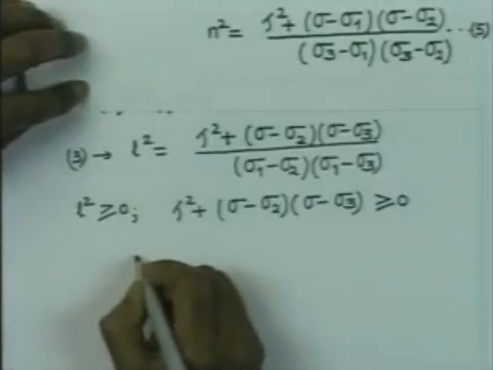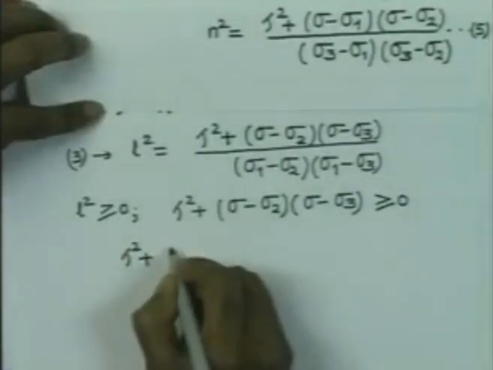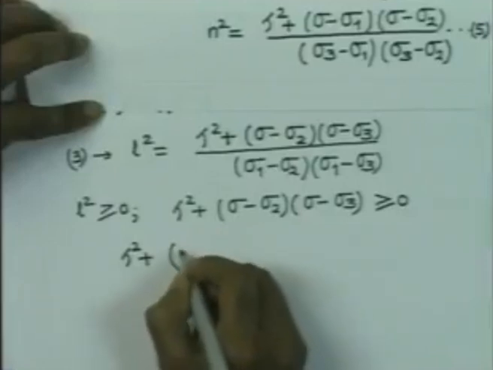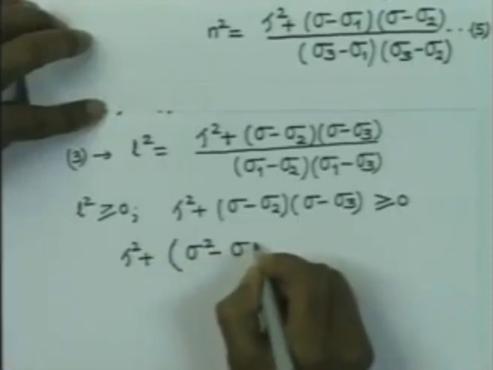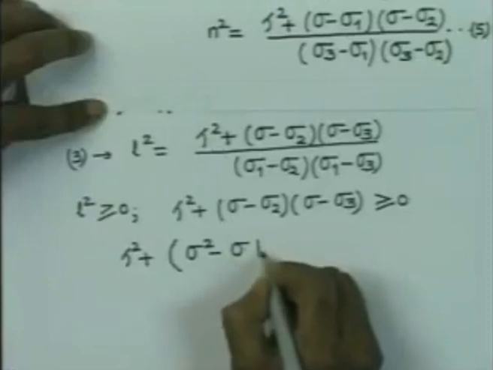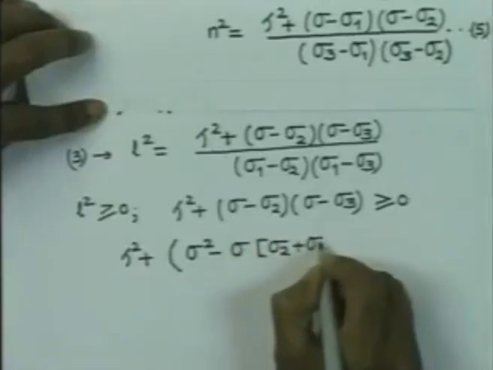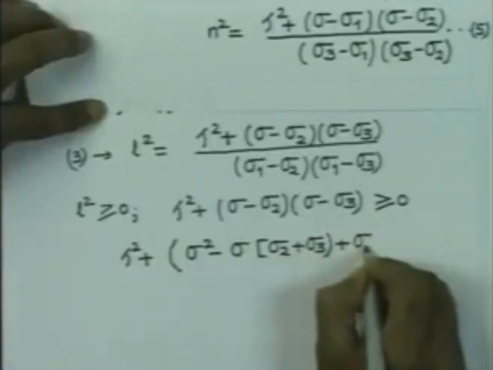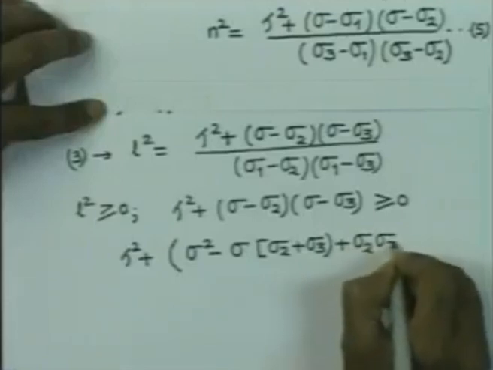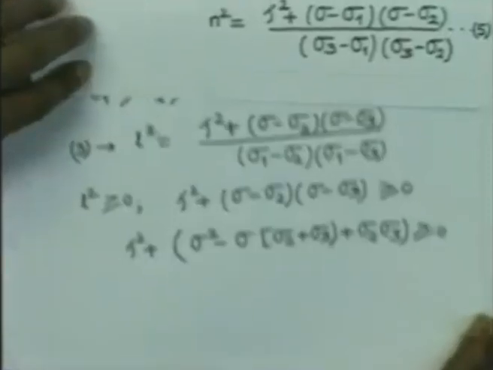Now, we can write this thing as tau square plus sigma square minus sigma into sigma 2 plus sigma 3 plus sigma 2 sigma 3 greater than or equal to 0.